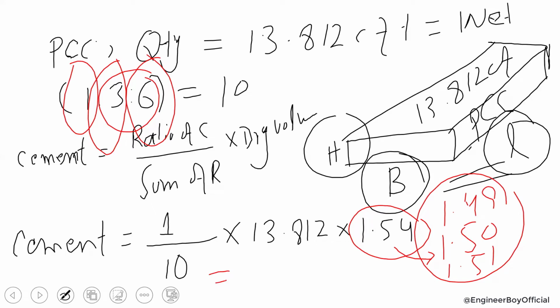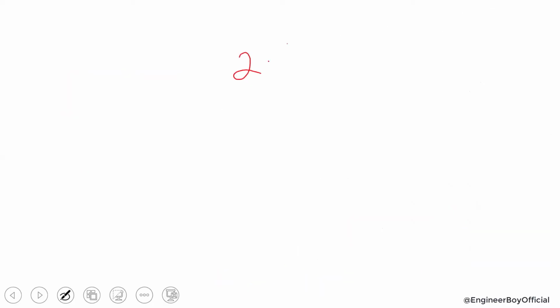So the quantity of cement should be now, if you multiply 13.81 with 1.54, this should be actually 21. And 21 times 1 is the same thing, and we will divide that by 10. So we can have the quantity of cement, which should be 2.127 CFT.